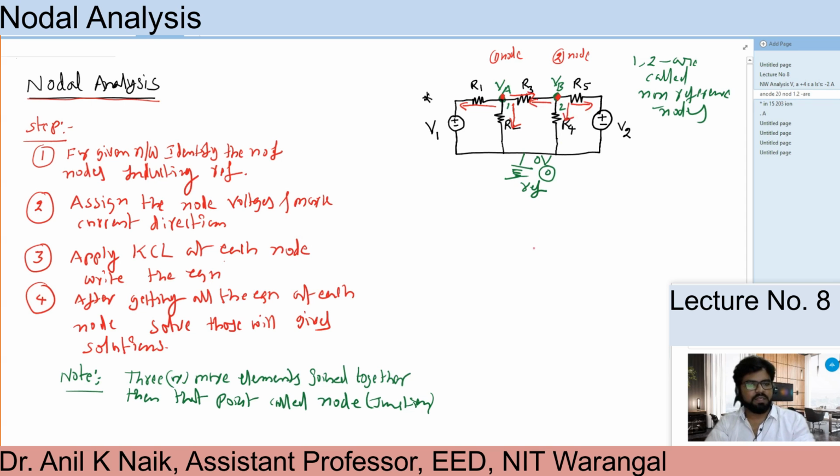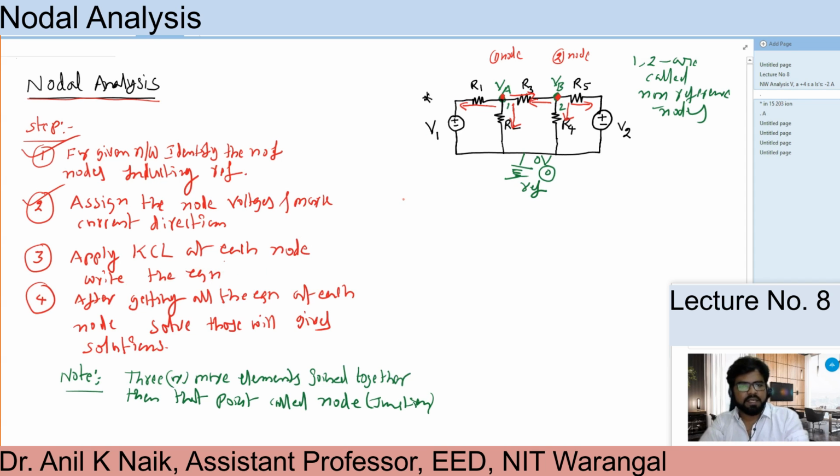I assumed it. This is my assumption now. So this point is over, this is done, and this is also done. Now apply the KCL at each node and write the equation. That is what the third point is going to give us.